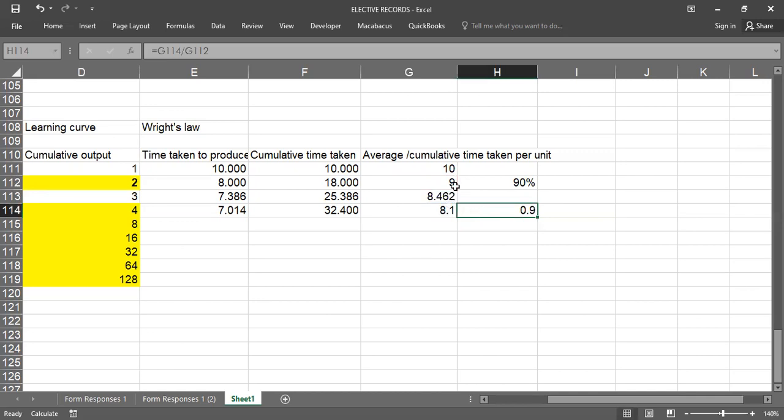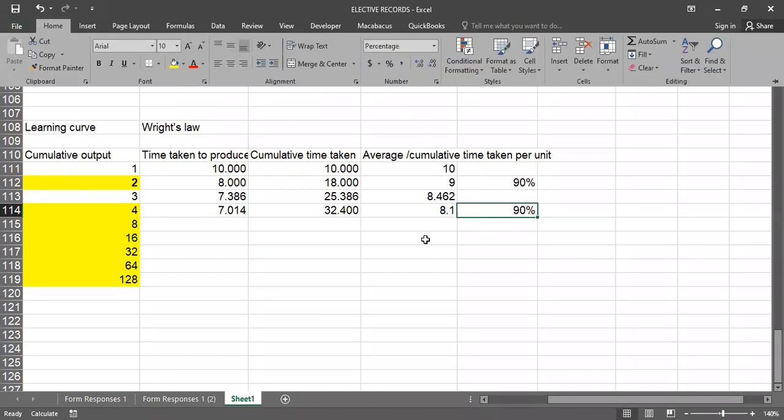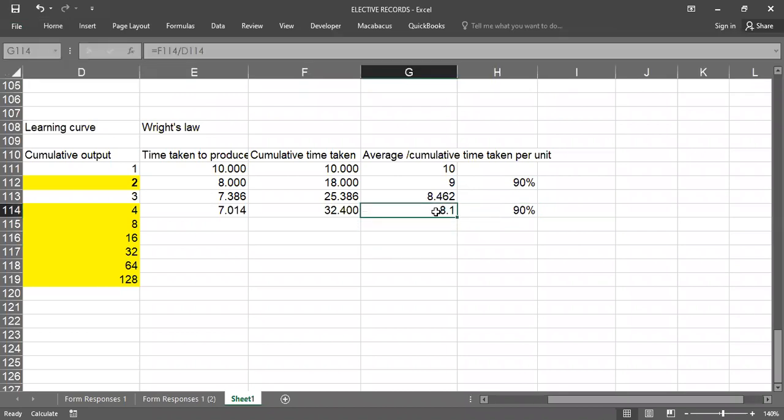So when you get this still in percentages, you still have 90%. Okay, 8.1 is falling from 9, not 8.4, because 8.4 is not following the pattern. It is falling from 9. So it is 8.1 divided by the previous, and the previous is 9, times 100%, which gives you 90%.